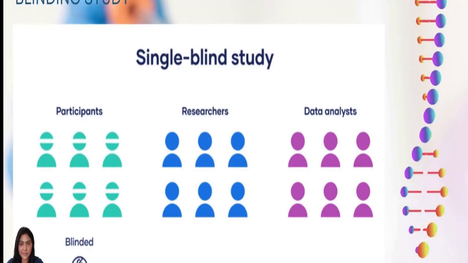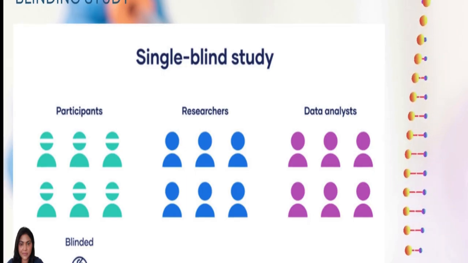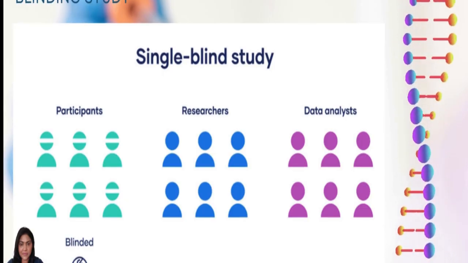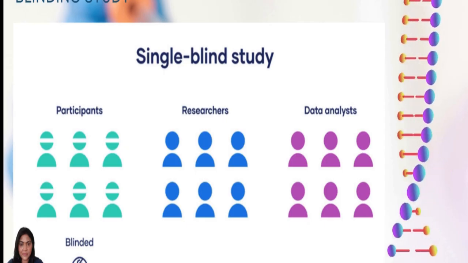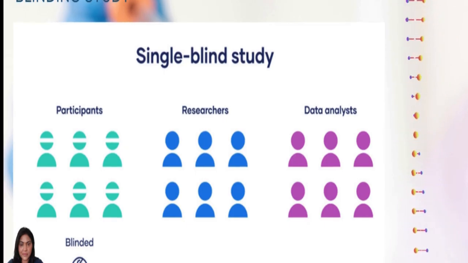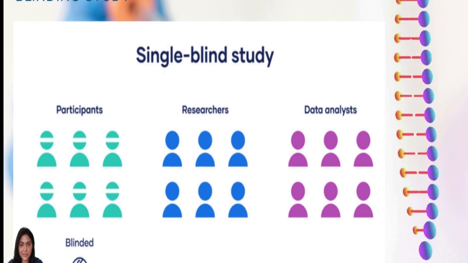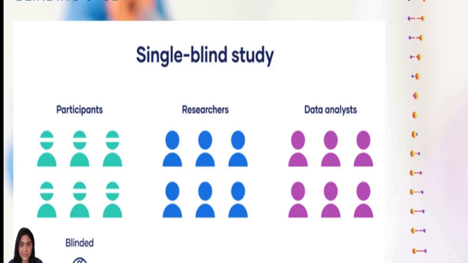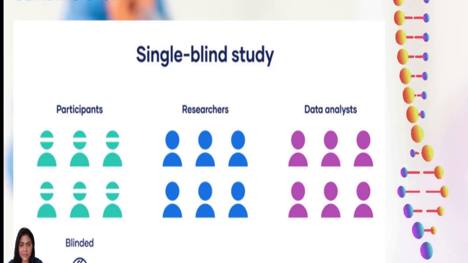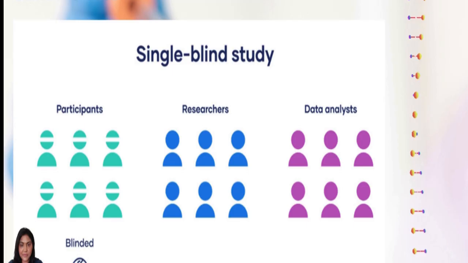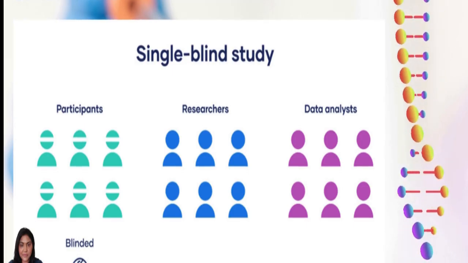So, in a single blind study, you hide from participants which vaccine is real or which is the inactive drug each of them received. As I told you, single blinding always helps to reduce the treatment biases.